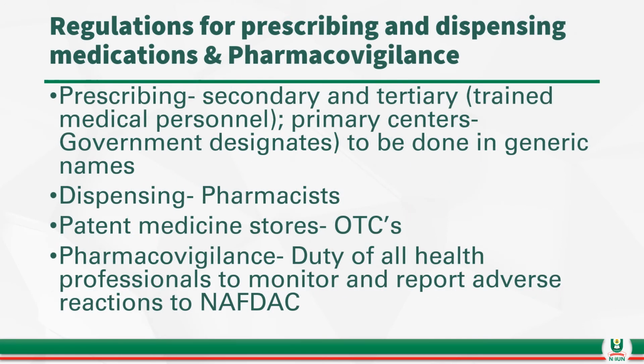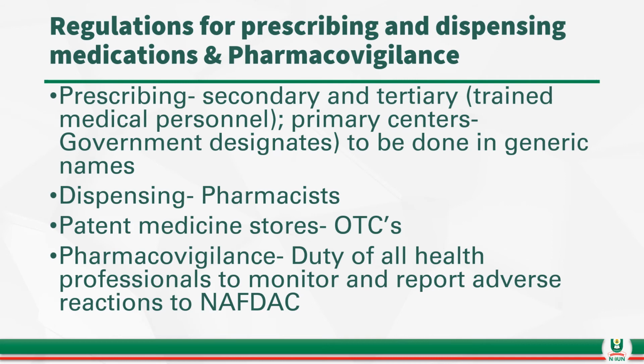So what are the regulations for prescribing and dispensing medications, and what we call pharmacovigilance? Prescribing medications in Nigeria: we have the secondary and the tertiary healthcare systems. The people allowed to prescribe in the secondary and tertiary healthcare systems are trained medical personnel that are approved to prescribe medications at this level.